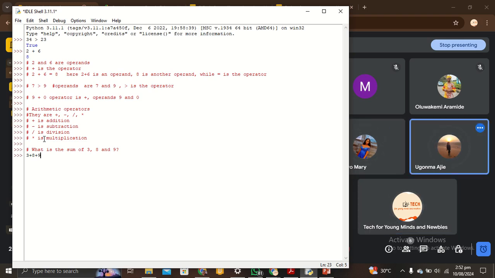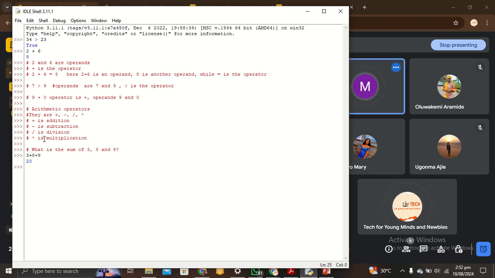So if I press enter, it shows me the answer 20. So 3 plus 8 plus 9 is equal to 20. 3, 8, and 9 are operands. Plus is the operator. Is that okay?